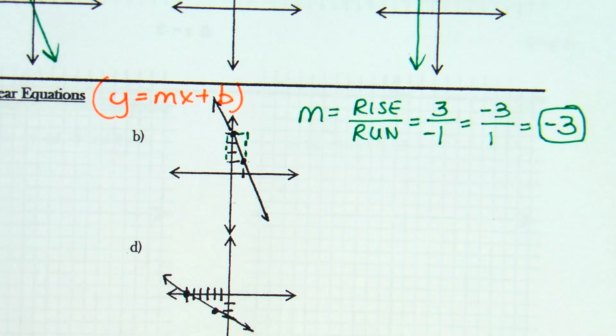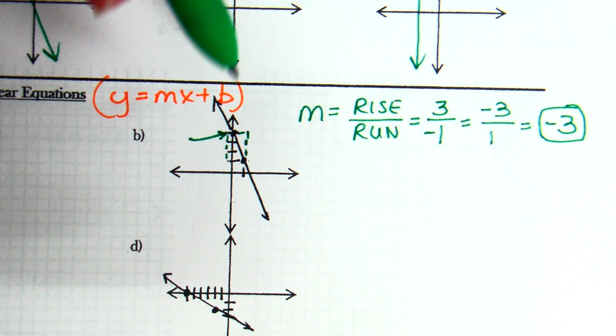What else do I need besides slope? Y-intercept. How do I find the y-intercept? Where the line crosses the y-axis. Okay, the y-intercept is where we intercept the y-axis. And so with that in mind, there's where it crosses the y-axis.